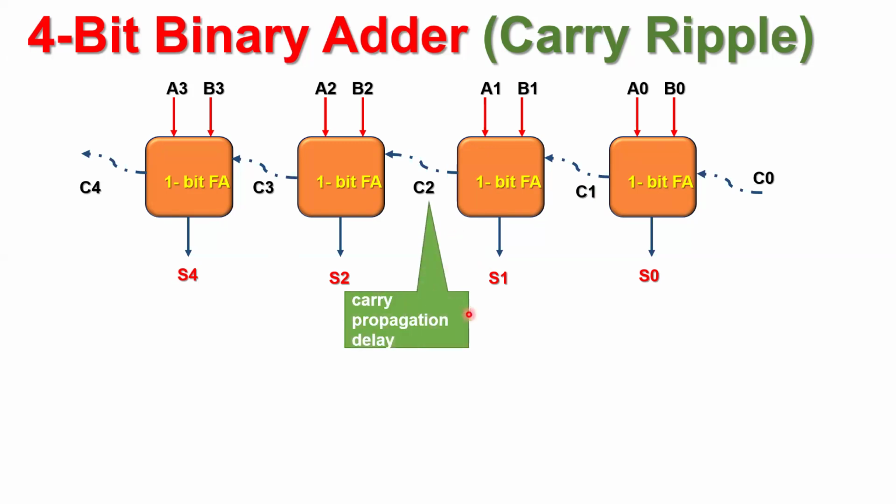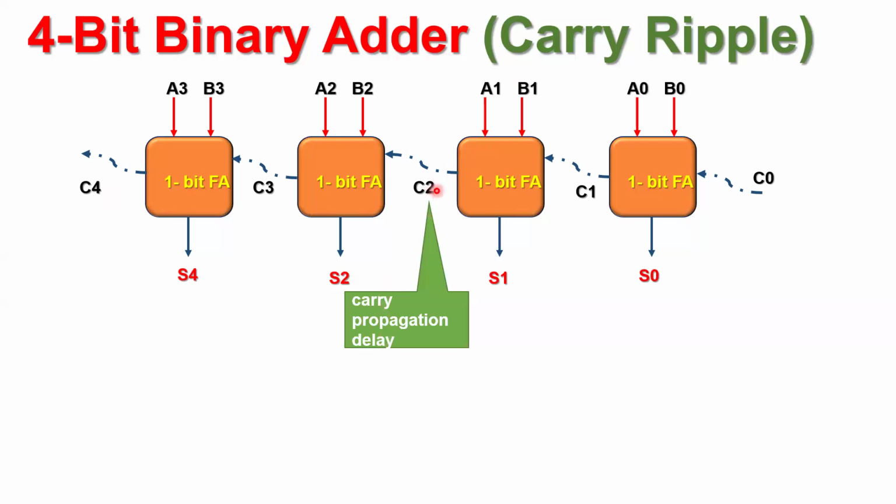Now, as you can see, inside the full adder you have logic implementation, and those logic gates implement your full adder circuit, but the carry is propagating from stage 1 to stage 2 and stage 2 to stage 3 and so on up to the 4th stage here.